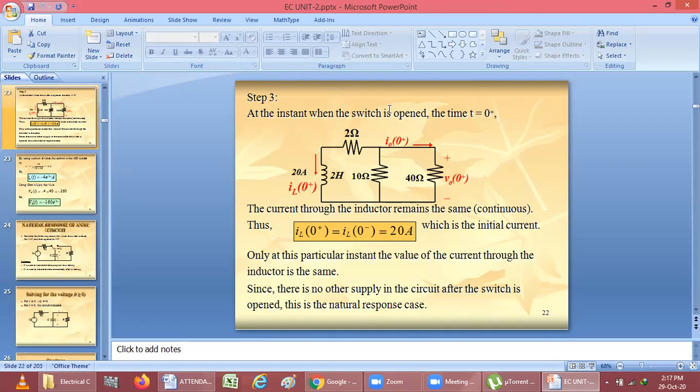when the switch is open at the time t equal to 0 plus, what are we saying?